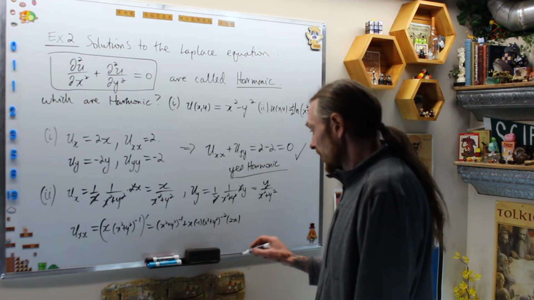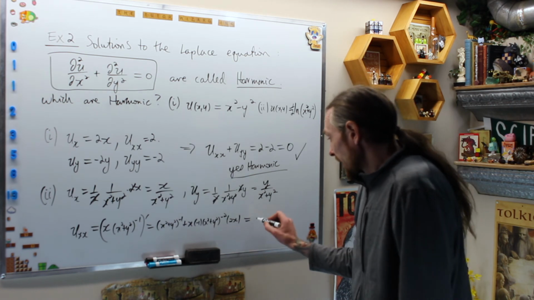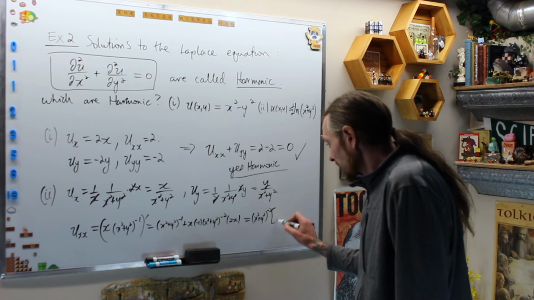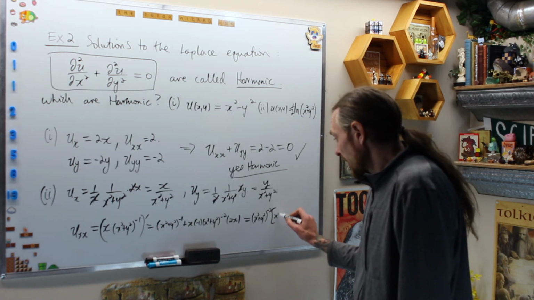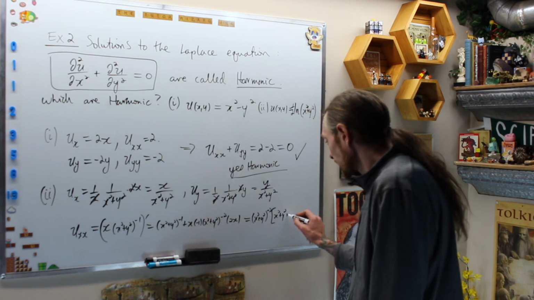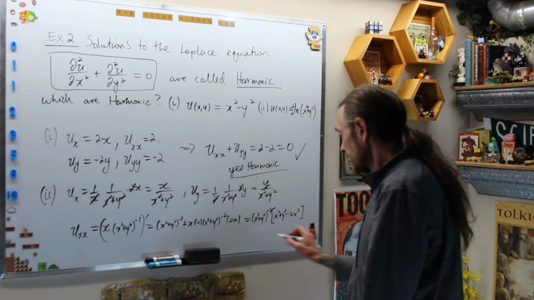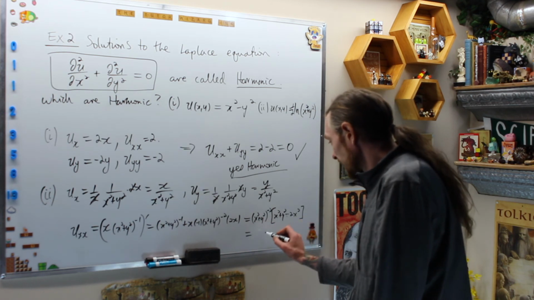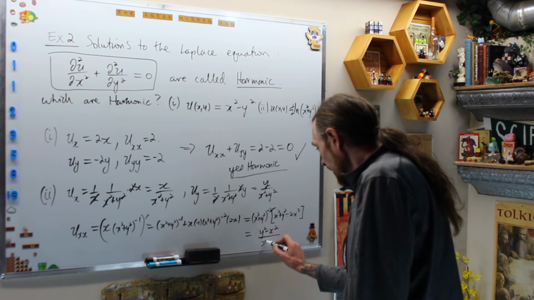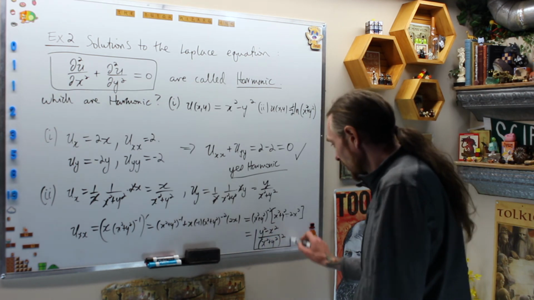Now what am I going to do? When I clean this up, I'm going to take x squared plus y squared to the negative 2 out. That gives me x squared plus y squared, and then I have minus 2x squared. So when I clean this up, that gives me y squared minus x squared over x squared plus y squared, squared. Let's keep hold of that one.